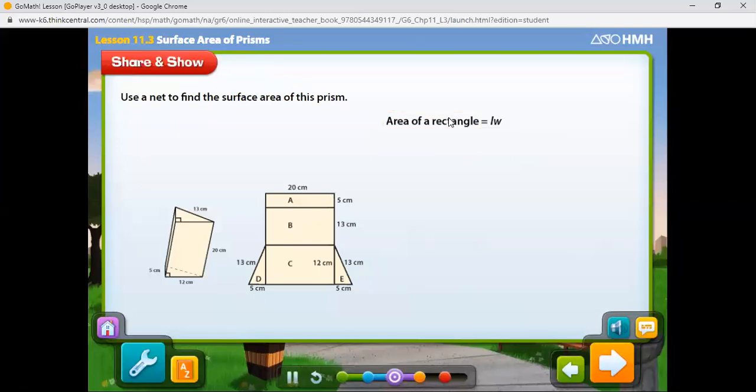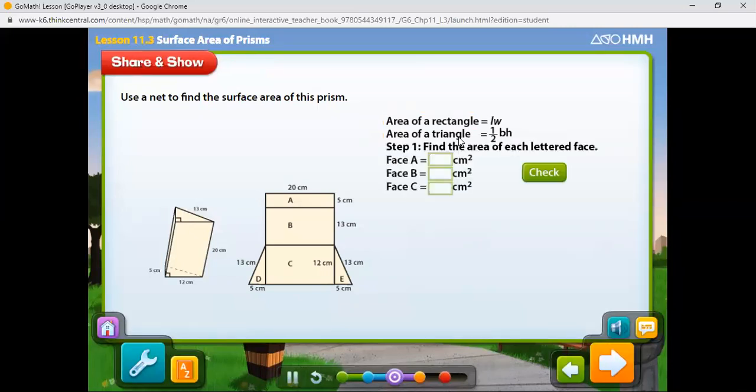The formula for the area of a rectangle is length times width. What formula do you use to find the area of a triangular base? The formula for the area of a triangle is 1/2 base times height. Use the formulas to find the area of each rectangular face.